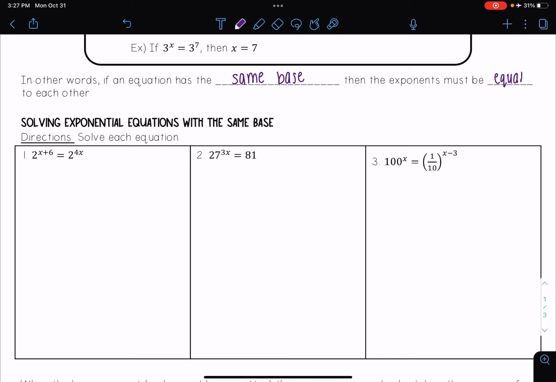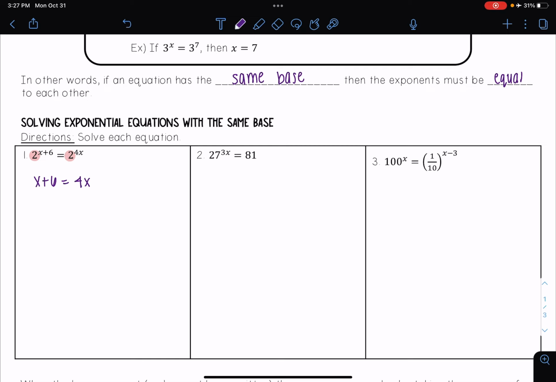So number 1, I have 2 raised to the x plus 6 power is equal to 2 raised to the 4x. Here I see they both have the same base of 2. So since they have the same base, that means that my exponents have to be equal to each other. So that means that x plus 6 has to be equal to 4x.